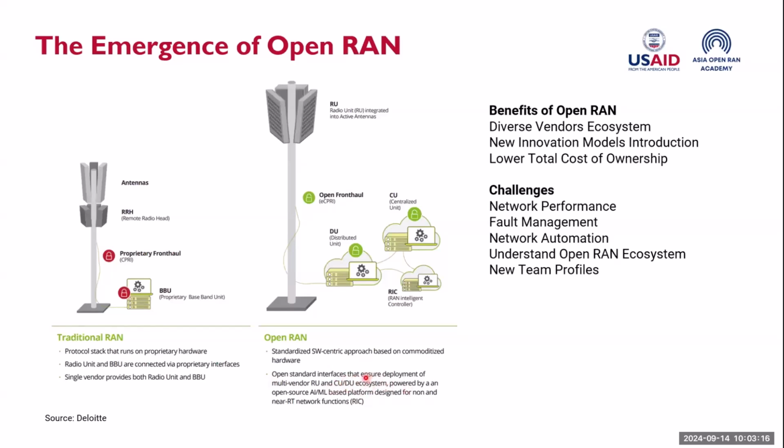It uses open standard interfaces that ensure the deployment of a multi-vendor RU and CU/DU ecosystem. So it is powered by an open source AI/ML based platform designed for non-real-time and near-real-time RIC. Later on, we'll talk about non-real-time and near-real-time RIC. Okay. So there are benefits of Open RAN.